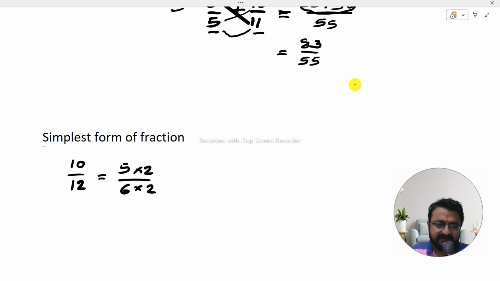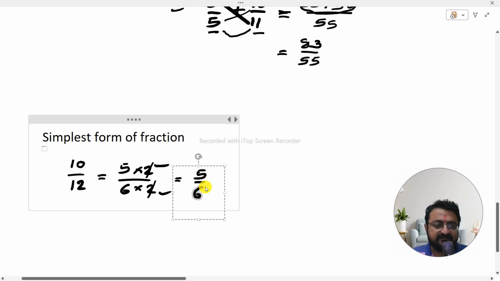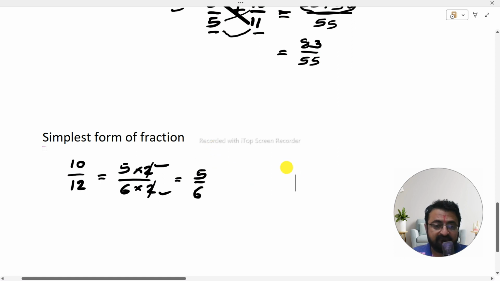Now you can see 2 is a common factor in the numerator as well as in the denominator. So now we can cut 2 and 2. So the final answer will be 5 upon 6. Means we can convert 10 by 12 into 5 by 6. So it is called the simplest form of the given fraction.